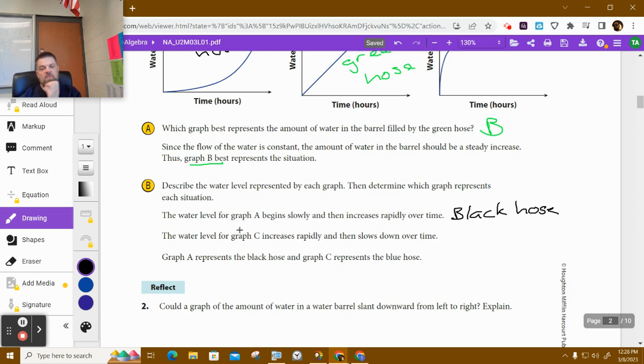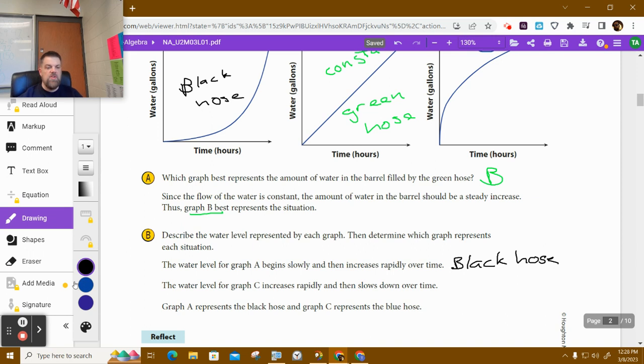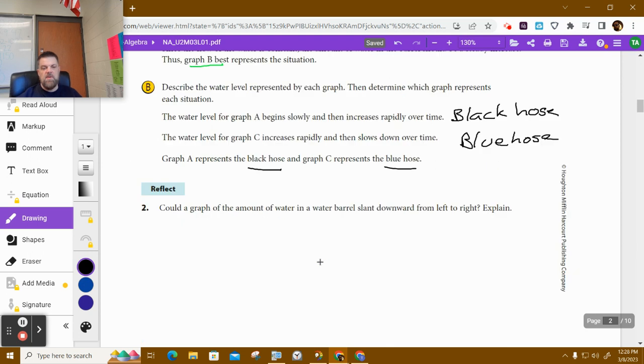And then the water for C came out rapidly and slows down over time. We said that was the blue hose. And then graph A represents the black hose and graph C represents the blue hose. That's basically what we said.